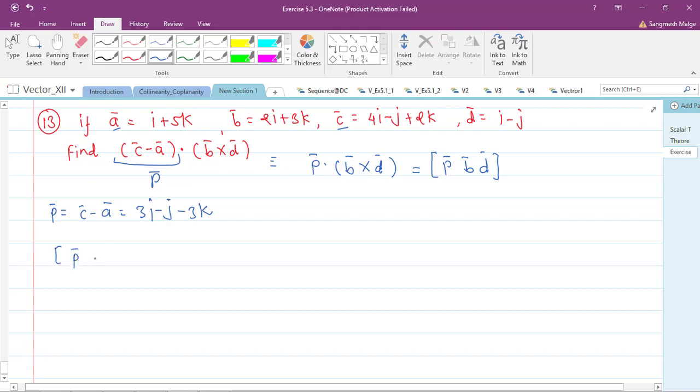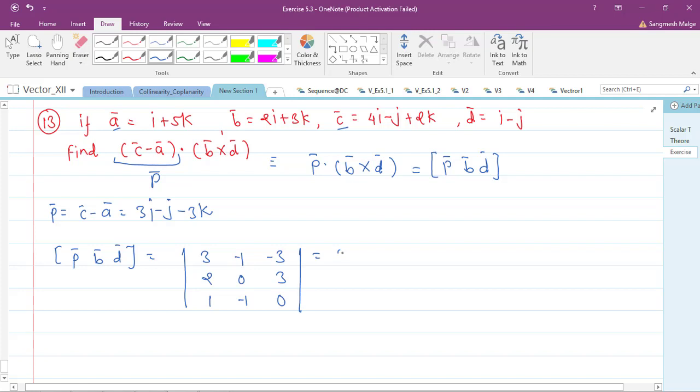The box product of p bar, b bar and d bar is the determinant with rows 3, minus 1, minus 3; b bar is 2, 0, 3; d bar is 1, minus 1, 0.